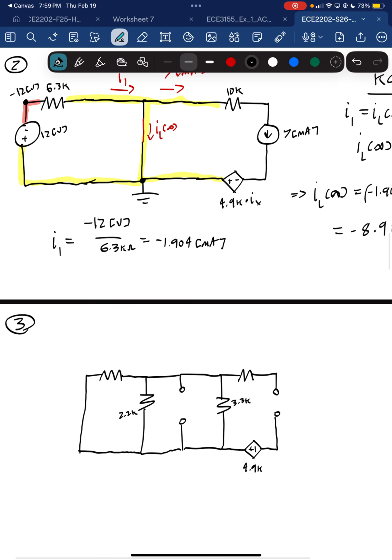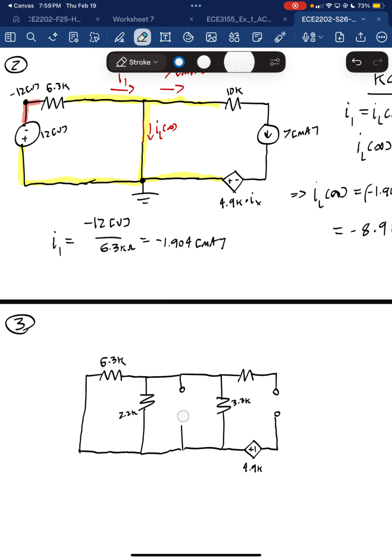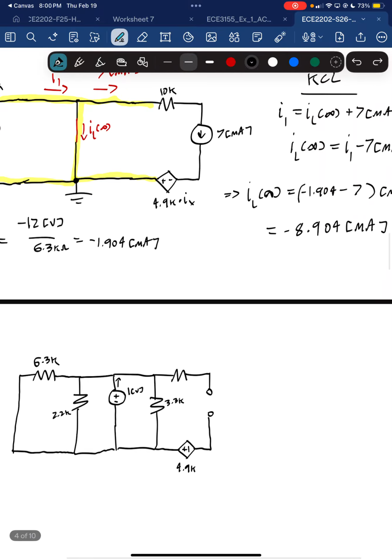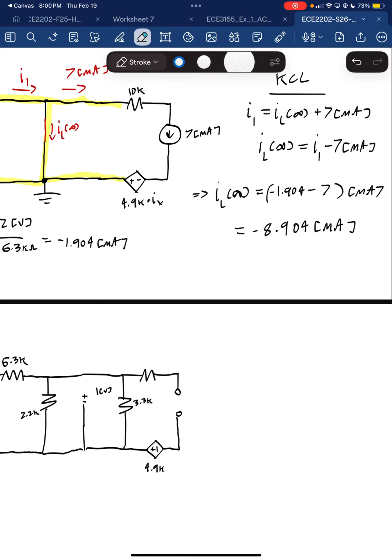All right, 6.3K. And we are going to replace the terminals with a test source and define a current exiting that test source.